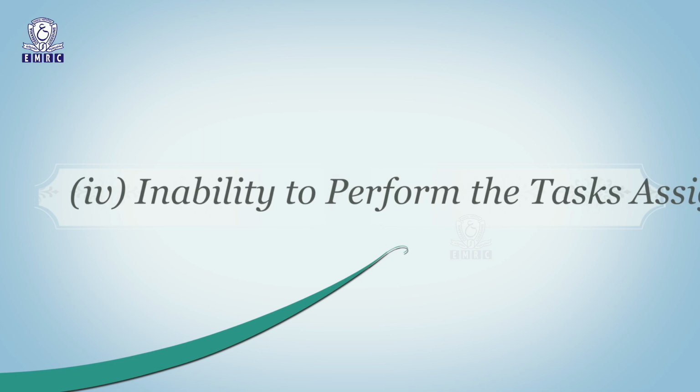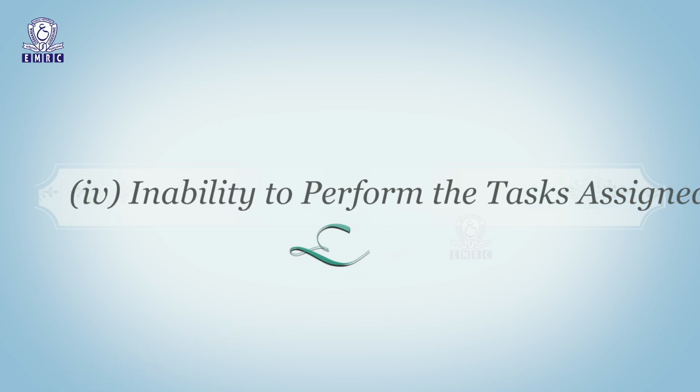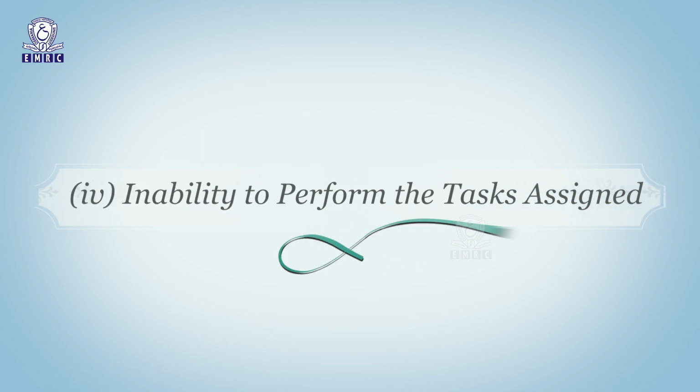Then fourth aspect is inability to perform the tasks assigned. The unfitness of many individuals to perform the functions relevant to their stratum often causes vertical mobility. This unfitness may be caused because of various factors.